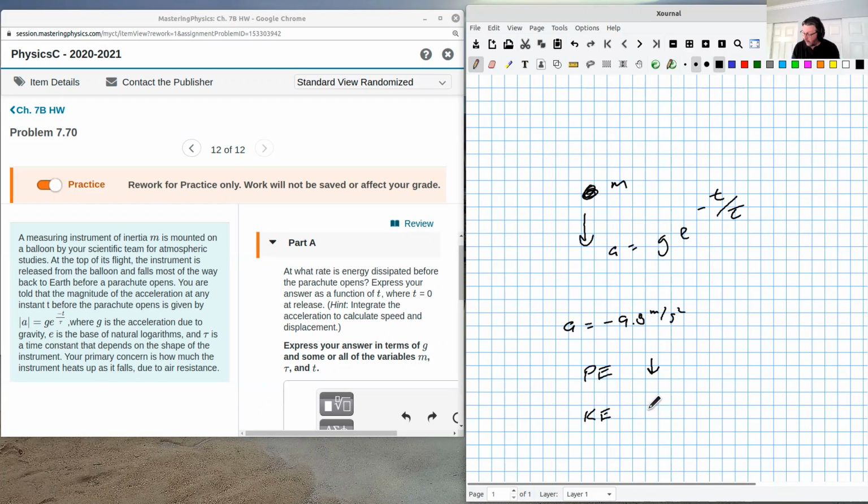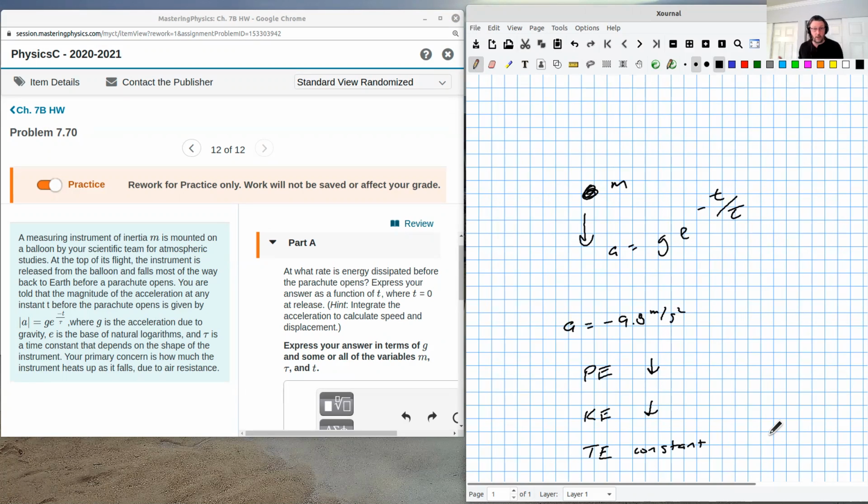Kinetic energy up. And the total energy will be constant, because as that potential energy decreases, the kinetic energy will be increasing to match. Everything will come out even, and no change in total. In that case, no heat would be generated.